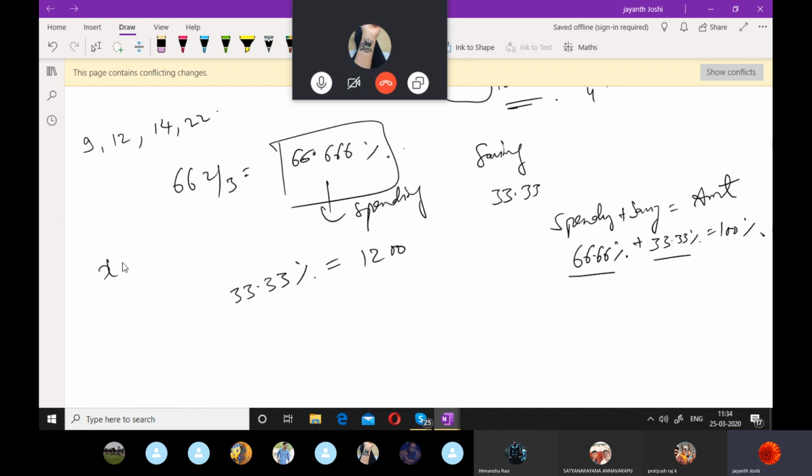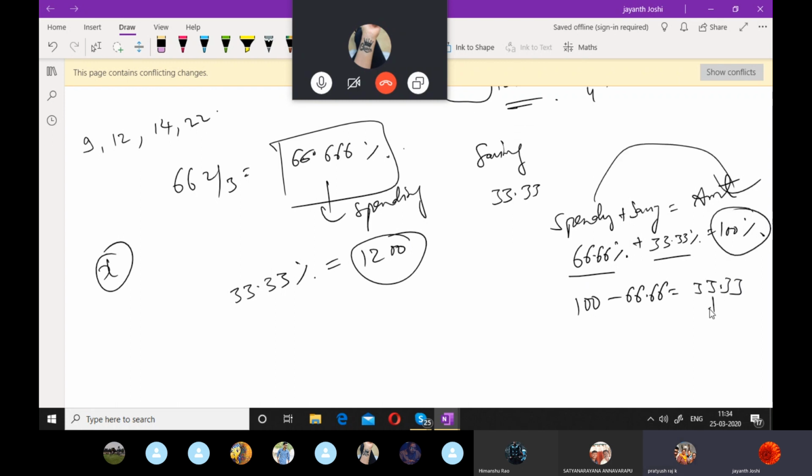We don't know the income. Income be X. And is able to save 1200 rupees per month. So, 100 minus 66.66 is 33.33. Total amount minus spending is saving. So, saving is equivalent to 1200 given in the question. Now, they are asking his monthly expenses.